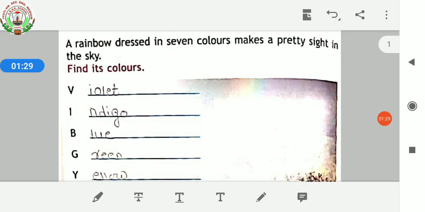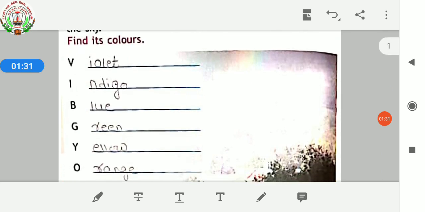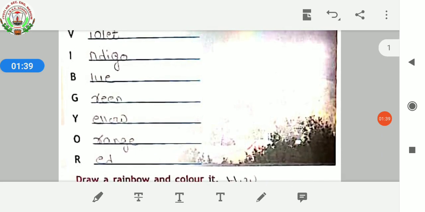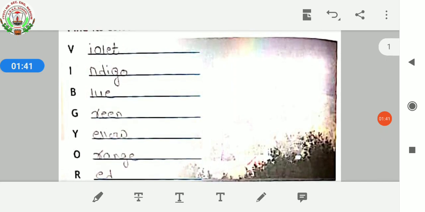You can see in this page the first letters of the 7 colors are already given here, like V, I, B, G, Y, O, R. So you only have to write the rest of the letters. Okay, like V is already here, so we know that V is for violet, so you only have to write IOLET.